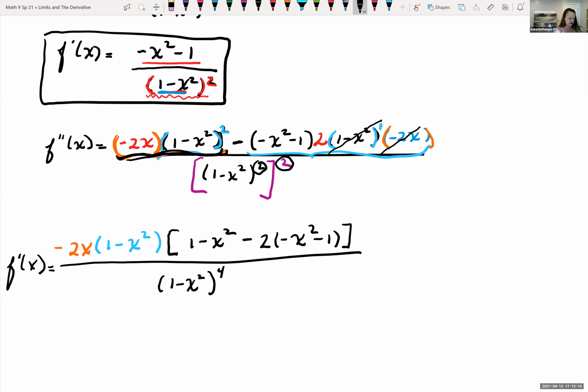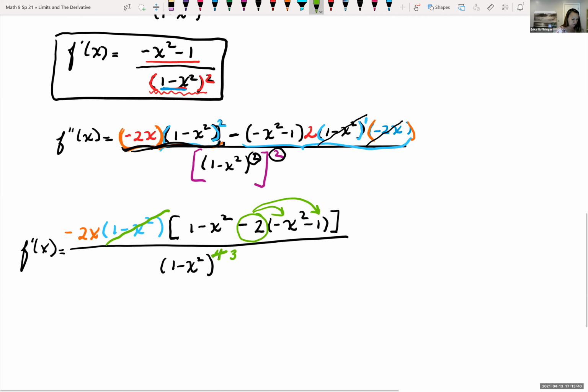Okay, so notice you have 1 minus x squared here, and you have 4 of them here. So we can cancel one of them with the one on top, and that will now make it 3 of them. And then let's clean up our numerator a little bit. So let's distribute this negative 2 inside this parentheses, and then we'll start combining like terms.